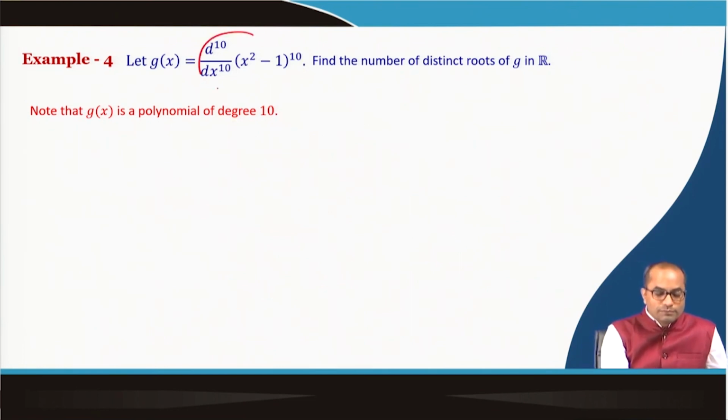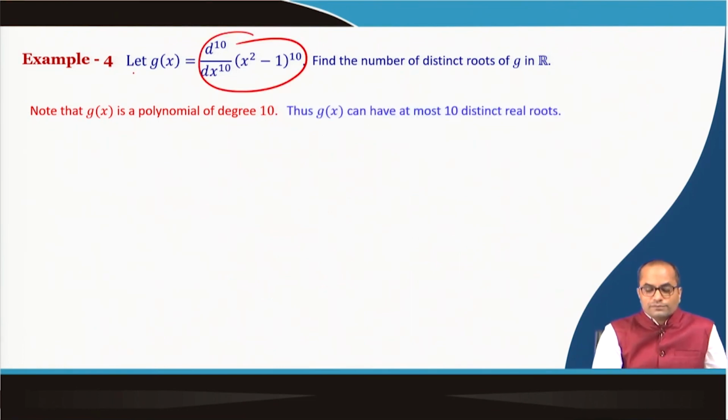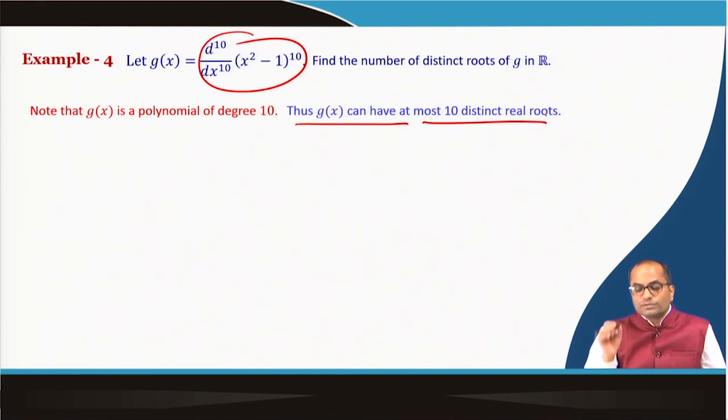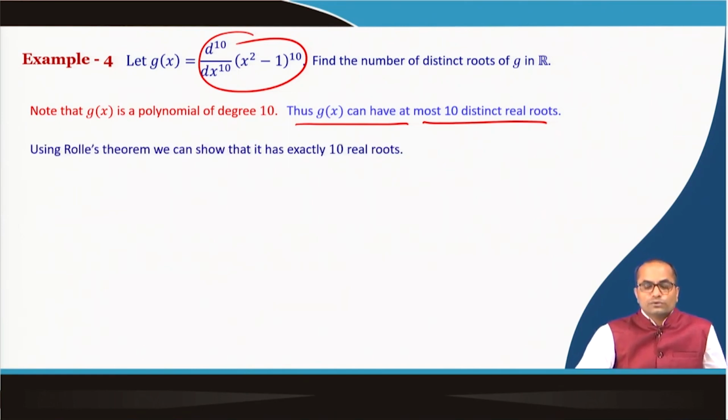This confirms that g(x) can have at most 10 distinct real roots, because for a polynomial of degree 10 we cannot have more than 10 distinct real roots, that is the result we know. So g(x) can have at most 10 distinct real roots, but whether they are distinct or not, we have to see now using Rolle's theorem.